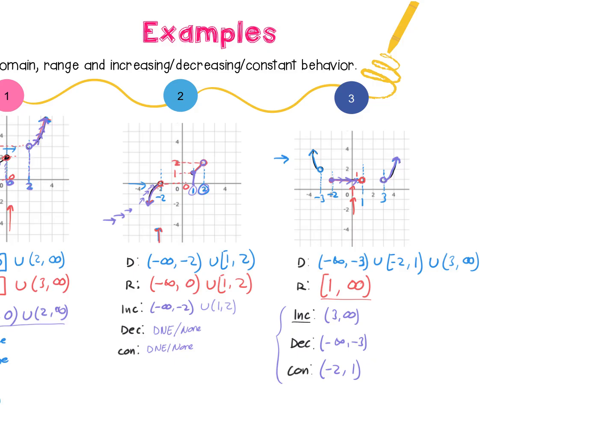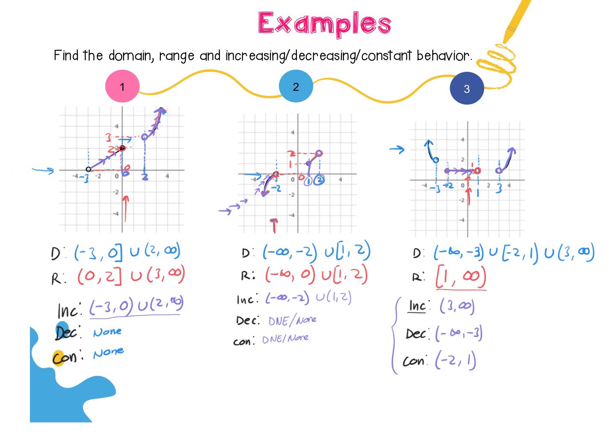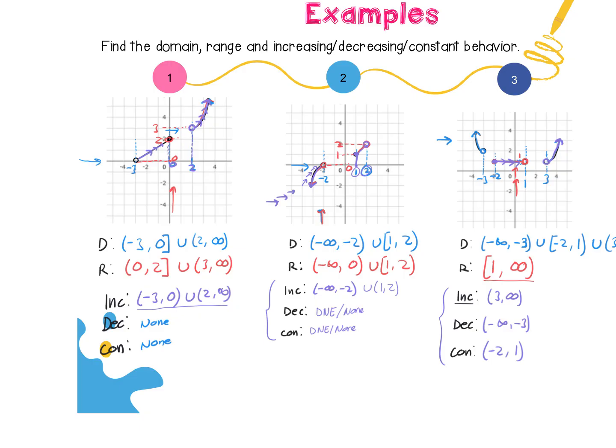But I know, just to account for everyone's experience, some people might not be able to see it as easily. That's as detailed as it can get with this particular lesson. So the increasing, decreasing, constant stuff might be new and it might seem kind of strange, but you just need to learn how to think about it, how to analyze the graph. You're always going from left to right, and you're seeing, are you going up, down, or are you staying the same?